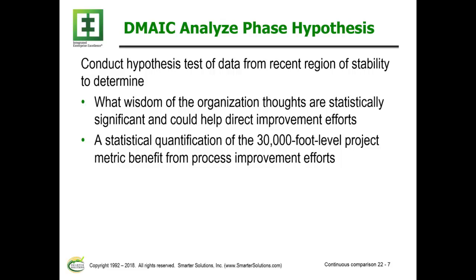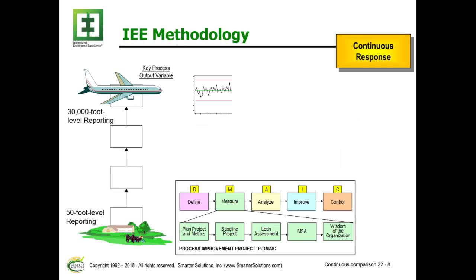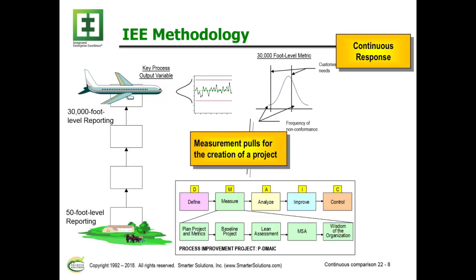The other thing it helps with is a quantification of the benefits from a 30,000 foot level metric, where the individuals chart transitions to an enhanced level of performance. So we can have a quantification of that benefit. What we really have here is a 30,000 foot level chart, and it creates a pull for a process improvement project.